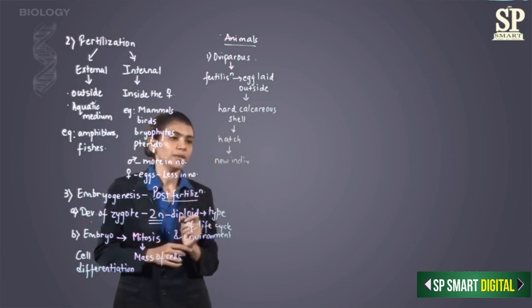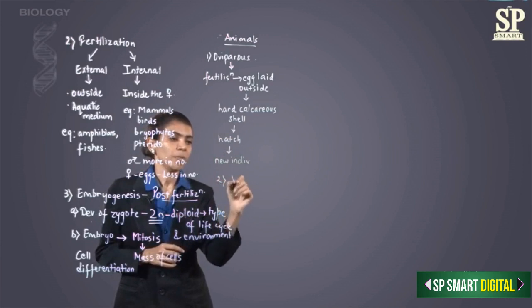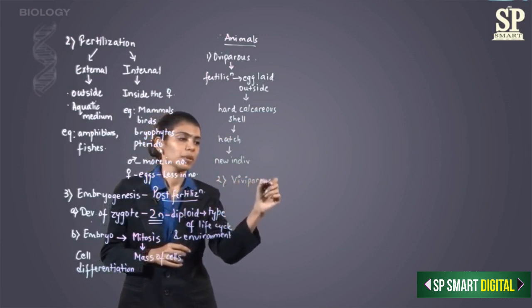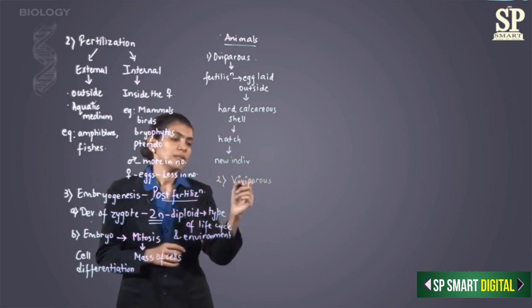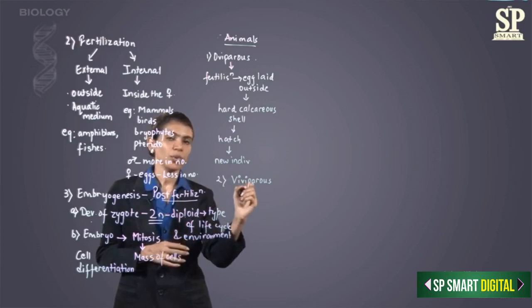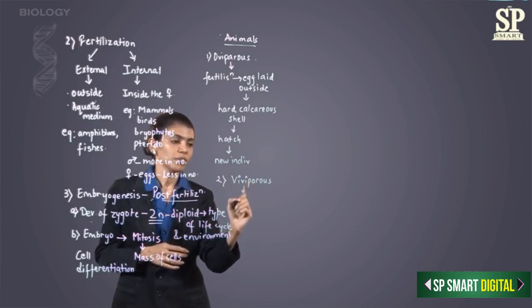These are oviparous. Second type are viviparous. In viviparous organisms, the fertilized egg develops into the zygote, which undergoes further development inside the body of the individual. So after fertilization, the zygote will then form the embryo.